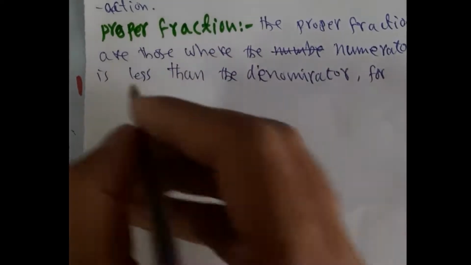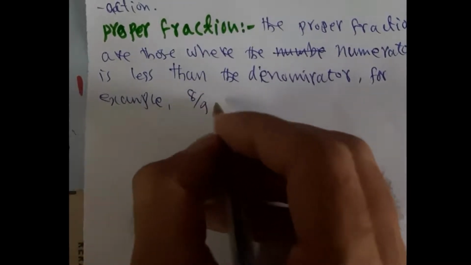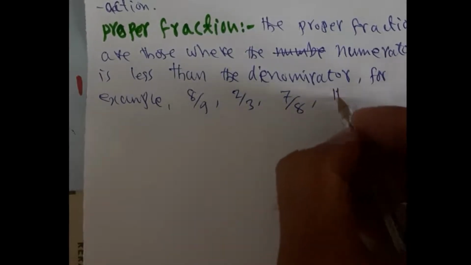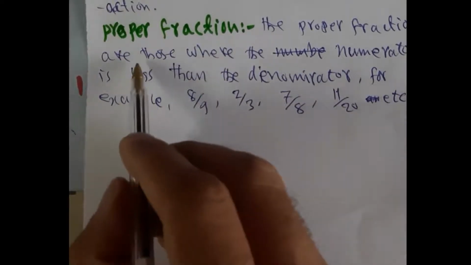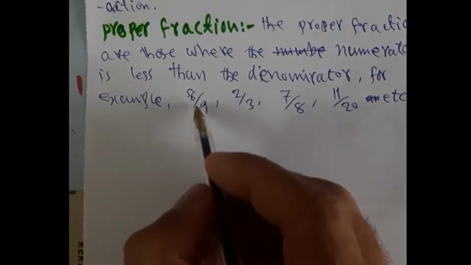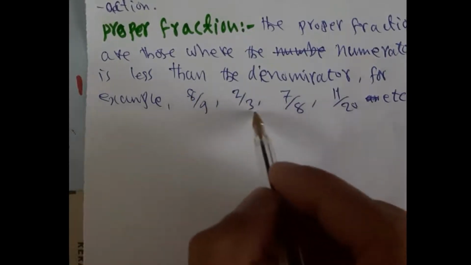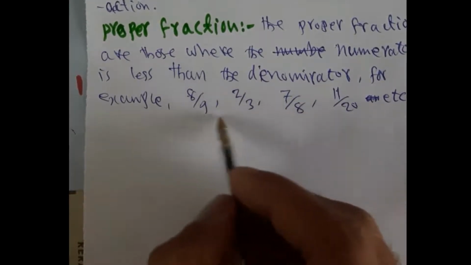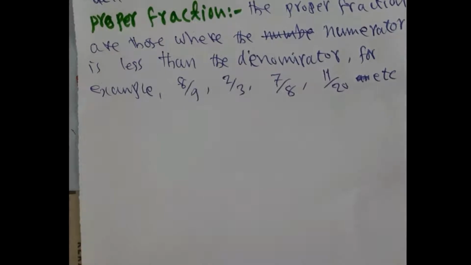For example, 8/9, 2/3, 7/8, 11/20, etc. They are proper fractions because the numerator is less than the denominator. Here we have 8, here we have 9. 8 is less than 9. 2 is less than 3, 7 less than 8, 11 less than 20. These are all called proper fractions.